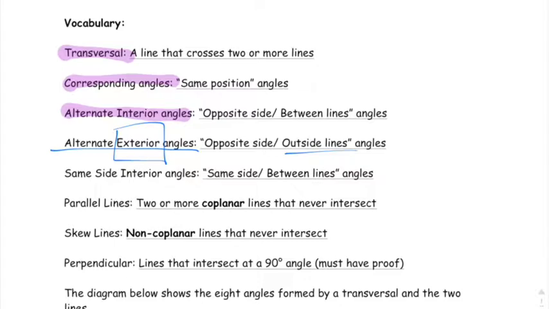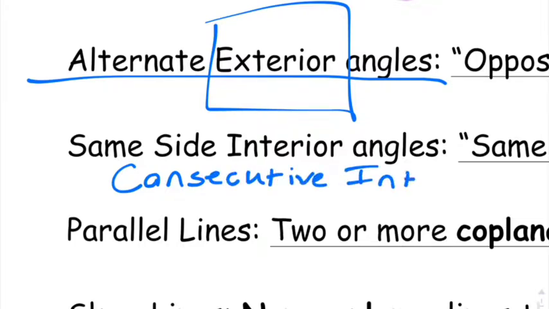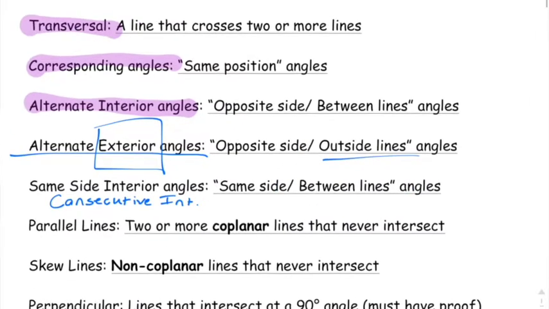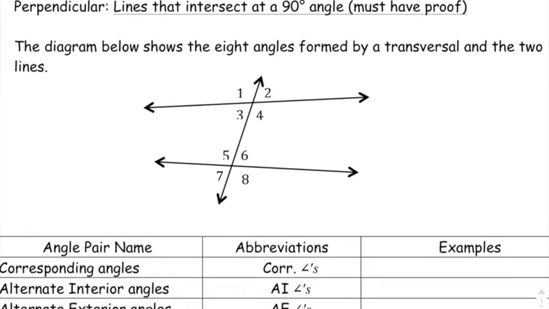Alright, next one, same side interior, and sometimes you'll see this as consecutive interior angles. And those are same side and then between your two parallel lines. Alright, so kind of similar to alternate interior angles. They're inside, but now they're on the same side.